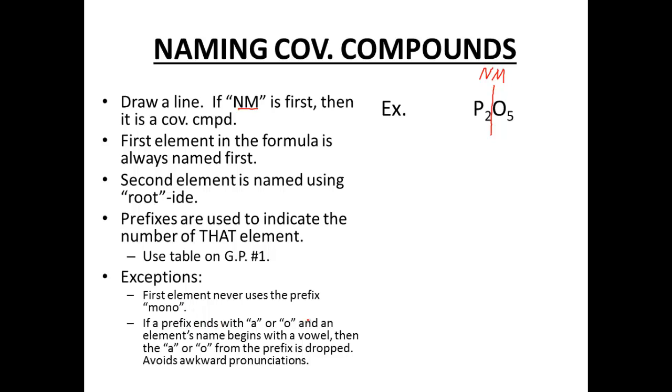If a prefix ends in A or O, and the element's name begins with a vowel, then drop the A or O from the prefix to avoid awkward pronunciations, and we'll see that in a little bit. So to look at our name here, phosphorus, and we've got 2, and then oxygen, and there are 5 for that one. So to try this problem out, 2's prefix, di, phosphorus, and then pentoxide.